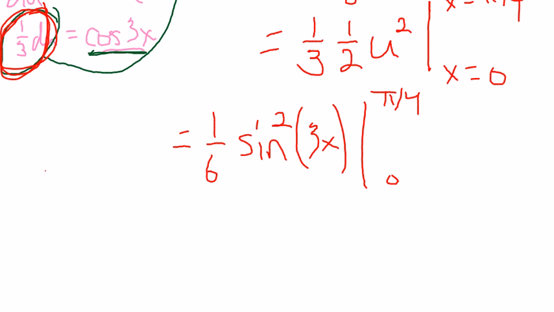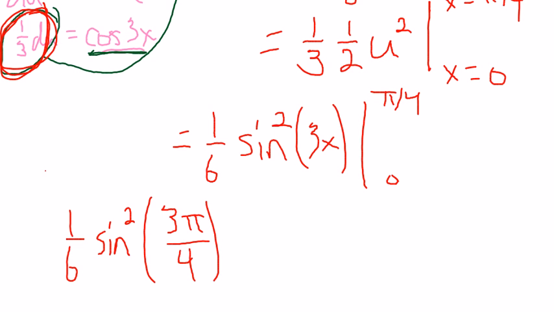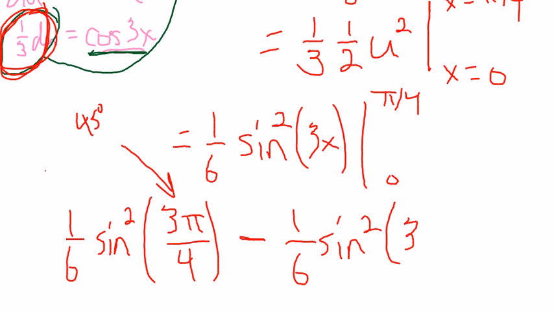What I get is 1/6 times sine squared of 3 pi over 4. Remember, that is a 45-degree multiple of 3 pi over 4. That's what I'm going to use there. Minus 1/6 sine squared of 3 times 0.